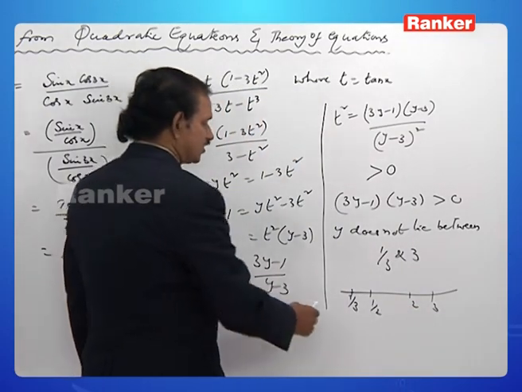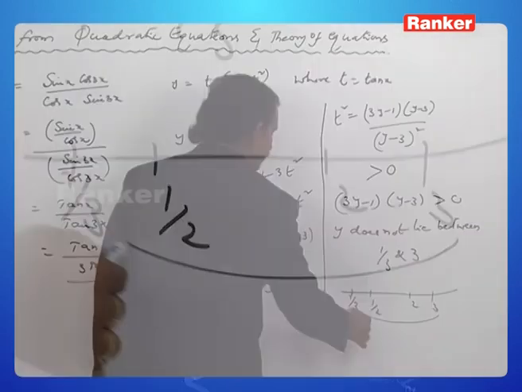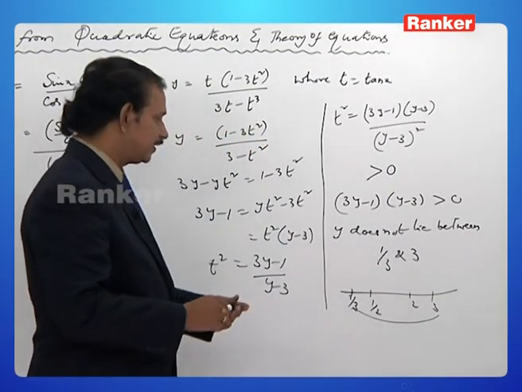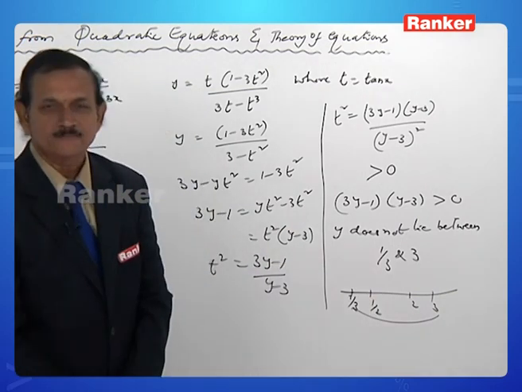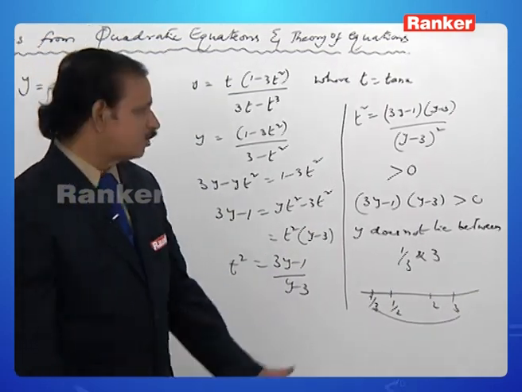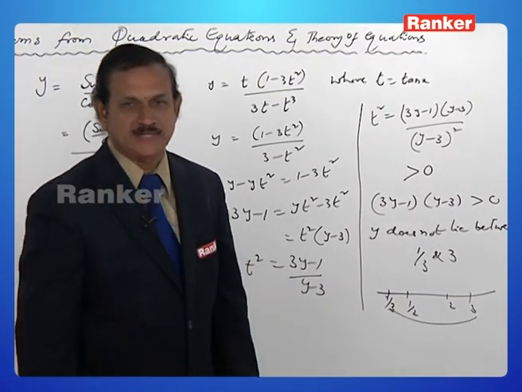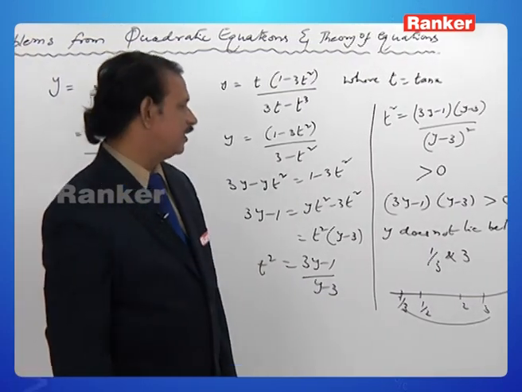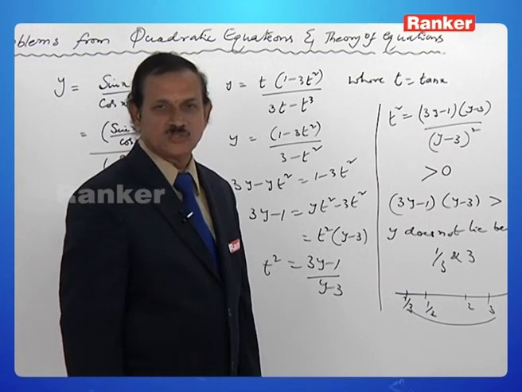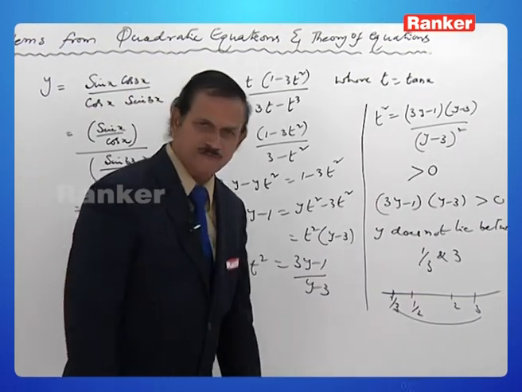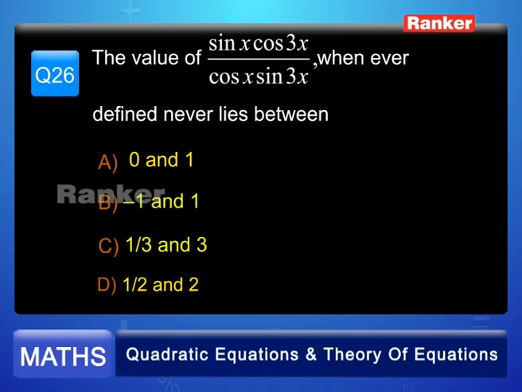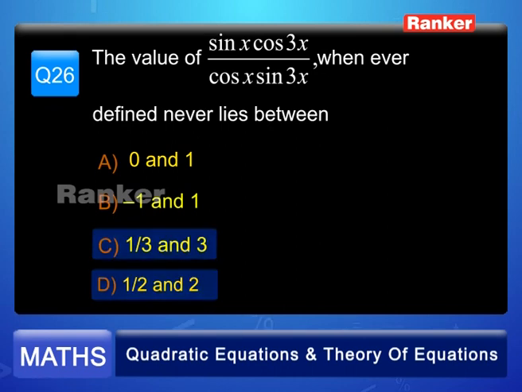We have just stated that y does not lie between 1 by 3 and 3. It does mean that it cannot lie between half and 2 also. We need not consider that as a special case again. As we agree with the proposal that y does not lie between 1 by 3 and 3, y surely does not lie between half and 2 also. Therefore, what is the right option? Both the options C and D are correct.